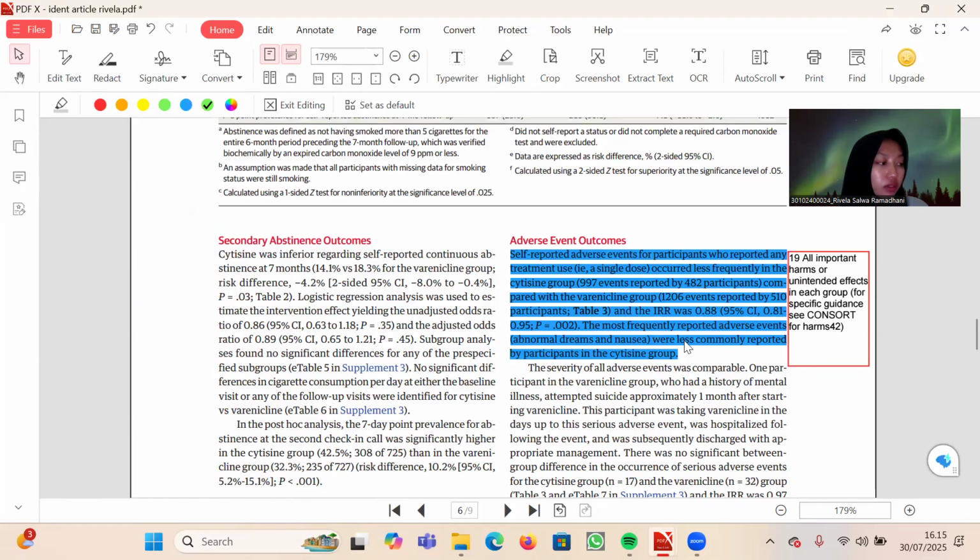Next, for other information, item 23, registration. The study was registered with the Australian New Zealand Clinical Trials Registry.